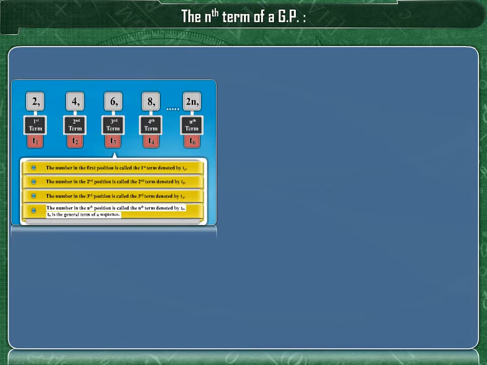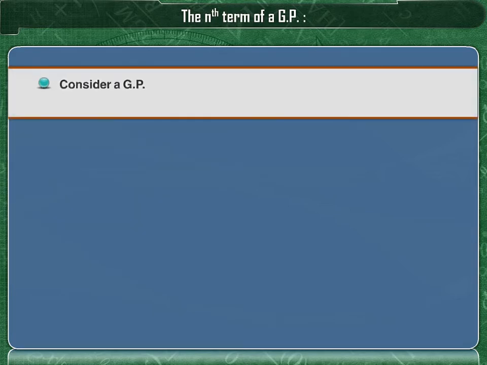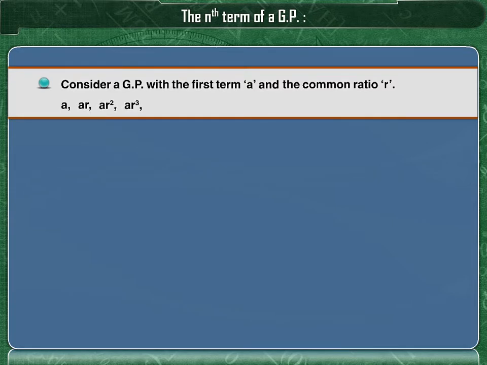Consider a GP with the first term A and the common ratio R. That is A, AR, AR raised to 2, AR raised to 3 and so on. Here the first term T1 is A. The second term T2 is AR and it can be written as AR raised to 2 minus 1.